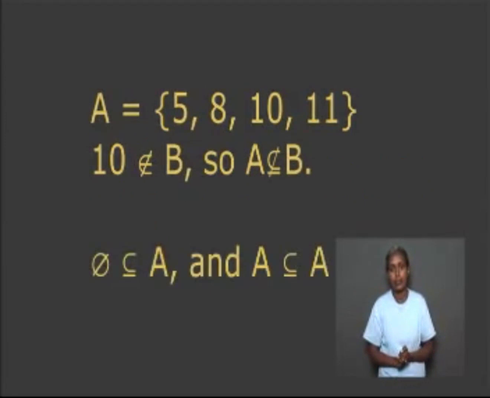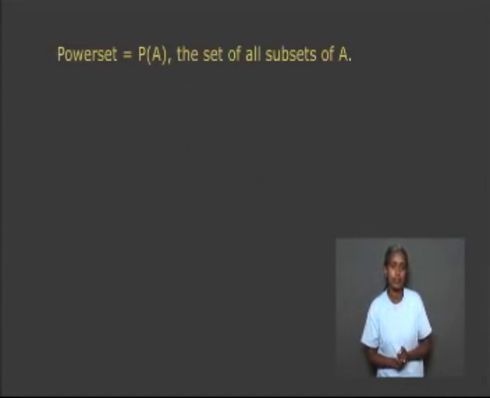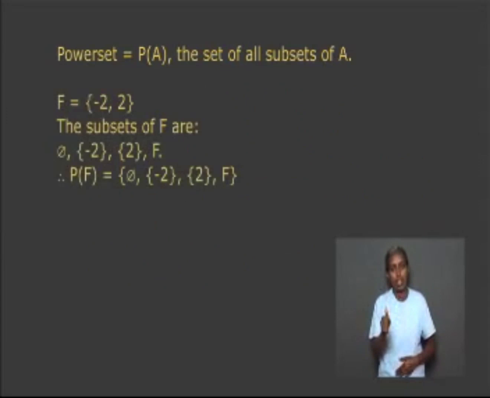For any set A, the null set is always a subset of A, and A is always a subset of A. The power set of A, denoted by P(A), is the set of all subsets of A. For example, the set F contains the elements -2, 2.